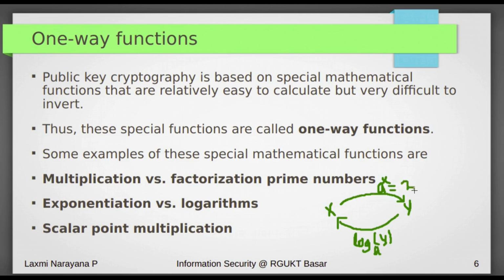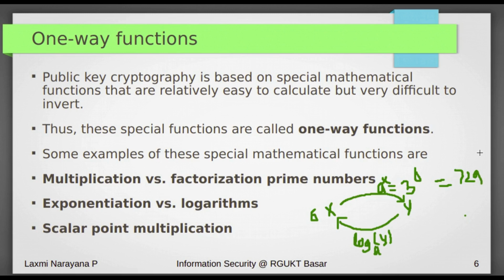Suppose a equal to 3 and x equal to 6. It is relatively easy to calculate 3^6, which is 729.